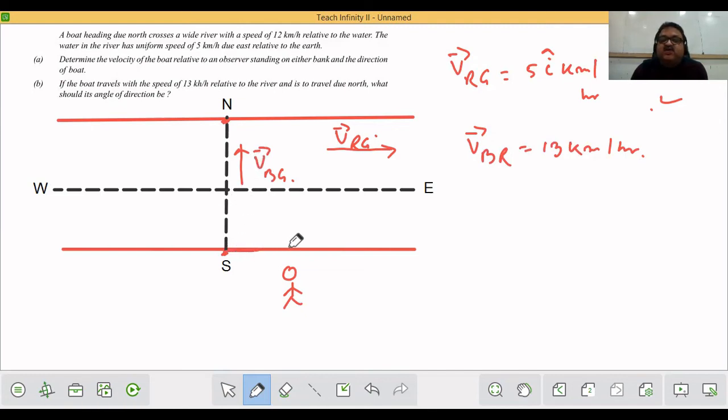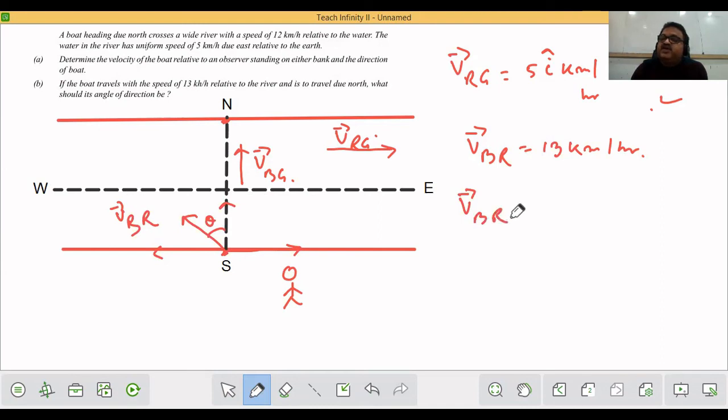Look, one component of velocity, the velocity of the river with respect to the ground, is given. Clear? And it is along this direction. Let me assume this is the direction and let us assume this angle as theta. So this is the velocity of the boat with respect to the river. Let me resolve it into two components.